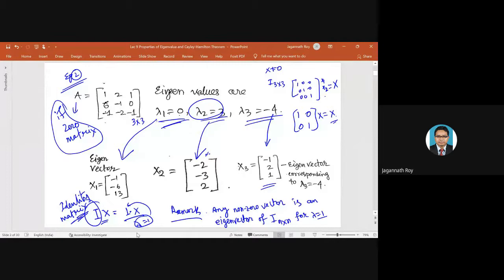If you write 0 times x equals lambda times x, since x is non-zero, the zero matrix times a non-zero vector will be 0, so this lambda will always be 0. So in this case, 0 is the only eigenvalue if we have a 0 matrix.